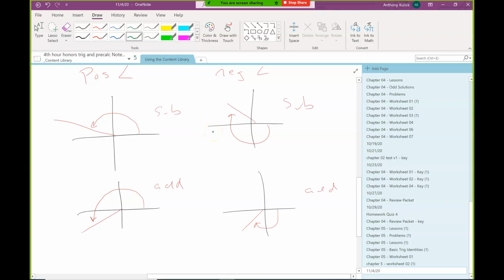And again, what I'm writing right now is in the content library, so you don't have to panic if you think you screwed something up, or you're like, oh boy, I wish I would have written that down. You did something in class. You can always go back and look at it. This in particular was the area that seemed like everybody had the hardest time with on the homework quiz.